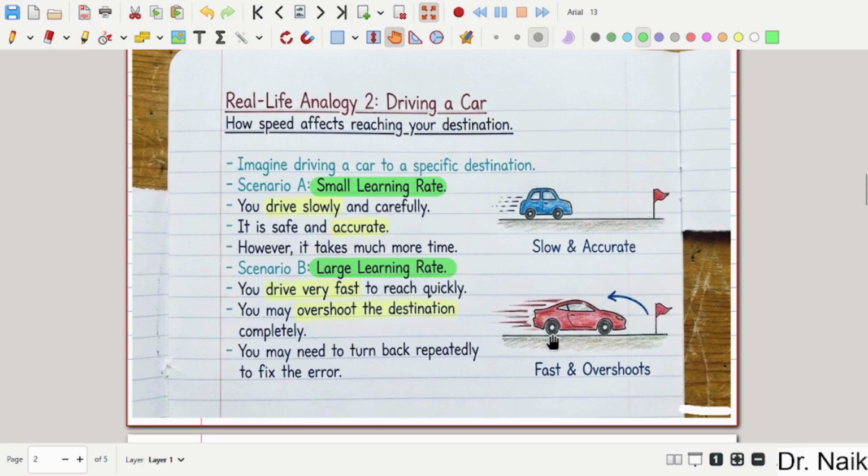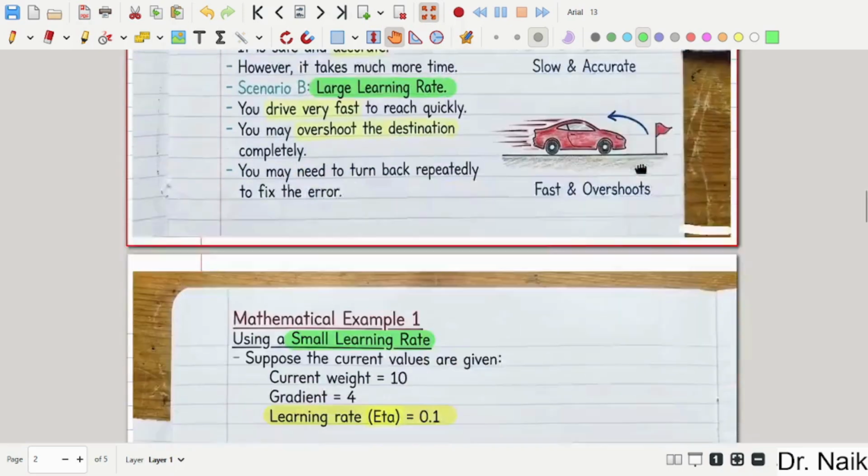Consider another scenario, a large learning rate, that is, you drive very fast to reach quickly, but you may overshoot the destination completely and need to turn back repeatedly to fix the error. So a small learning rate means slow and accurate, and a large learning rate is fast but overshoots the destination.